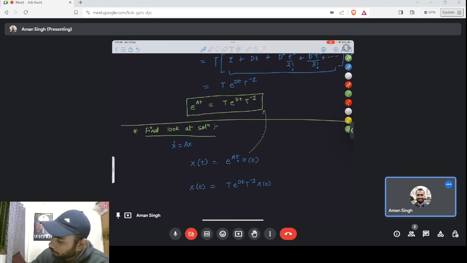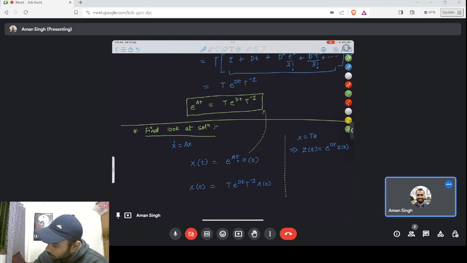We also know that if we transform the equation to x equal to Tz, then the solution becomes z(t) equal to e to the power Dt z naught.